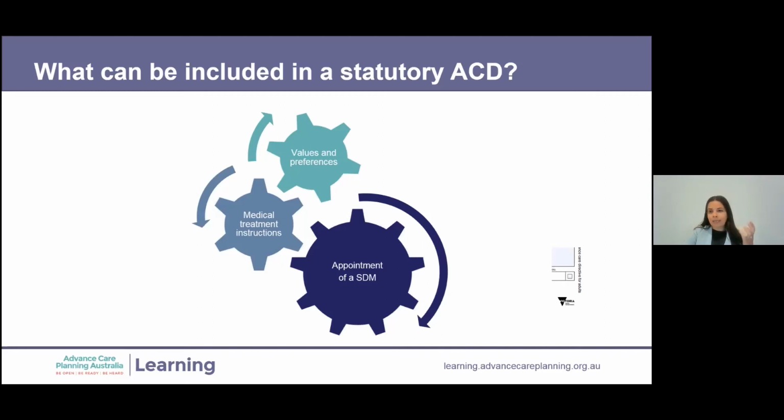And encouraging people to think about those treatments in short term and long term. So if we ask most of our patients who would want to be on long-term ventilation, most of them would probably say no, but would that be acceptable if they were on a ventilator for a short period of time recovering from surgery? So posing both those short and long term and encouraging registrars to think about it in that context as well, so that when we go back to these documents, they actually are quite meaningful.